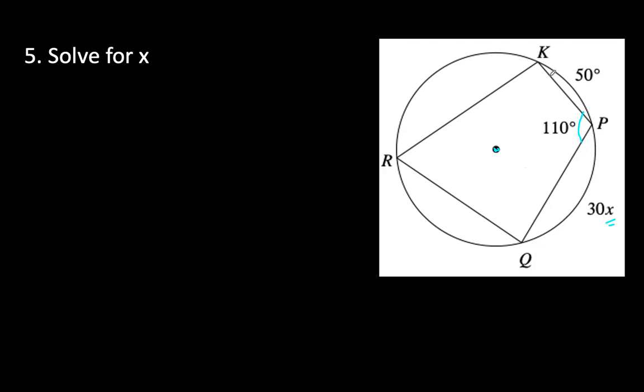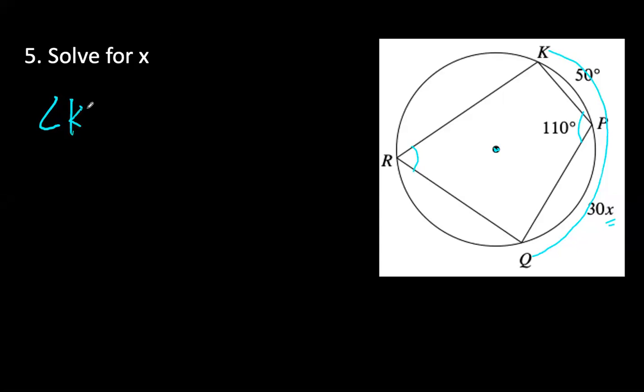So we need to solve for x, but how do we get it? We know that KPQ is the intercepted arc of the inscribed angle KRQ.